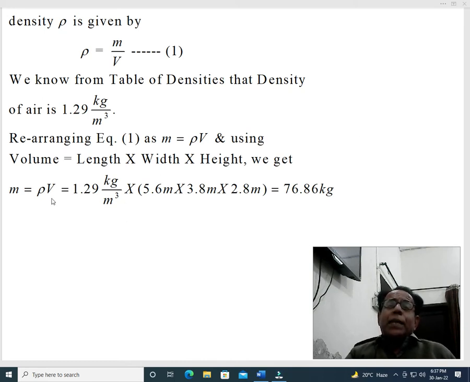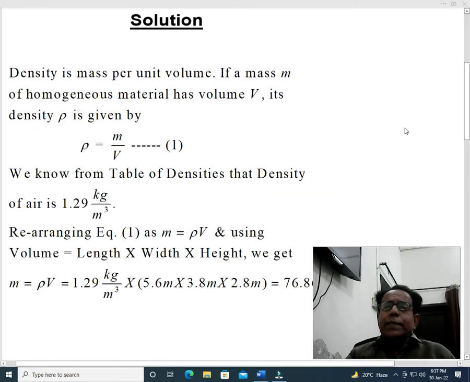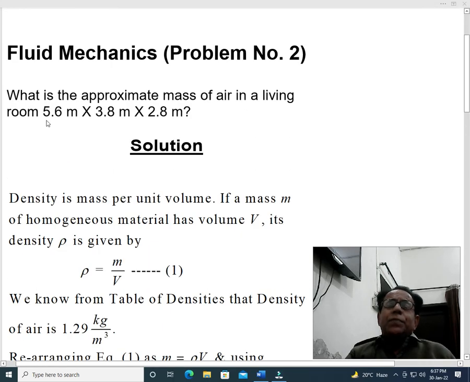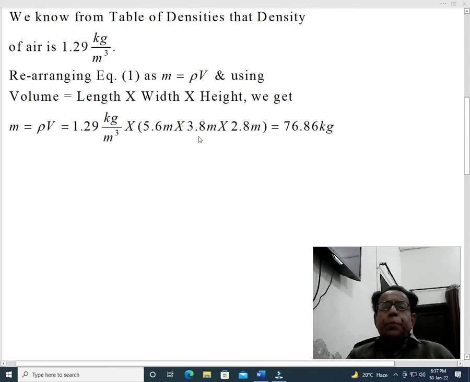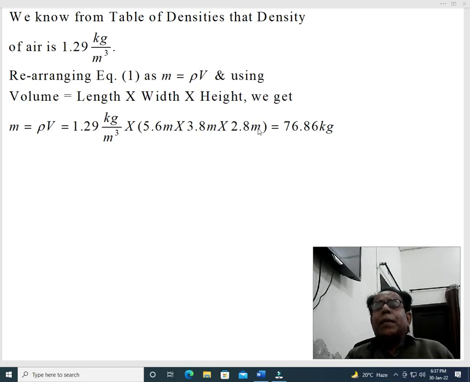Dear students, we are given these three values, 5.6 meter into 3.8 meter into 2.8 meter, so we have used these three values, and hence this meter cube will be cancelled out with this meter cube, and we will get the answer in kilogram.